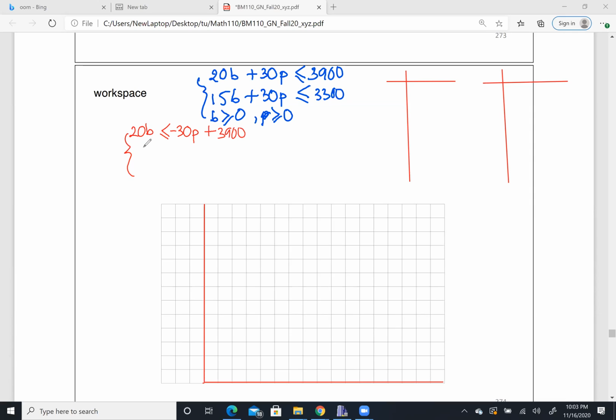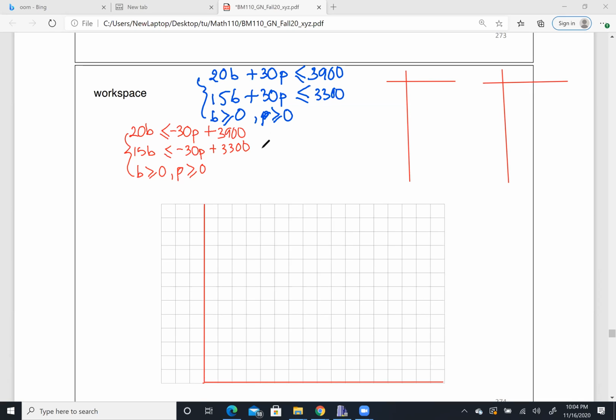And then the second one should be 15B less than or equal to negative 30P, and then plus 3,300. And then we also know that P is greater than or equal to 0.